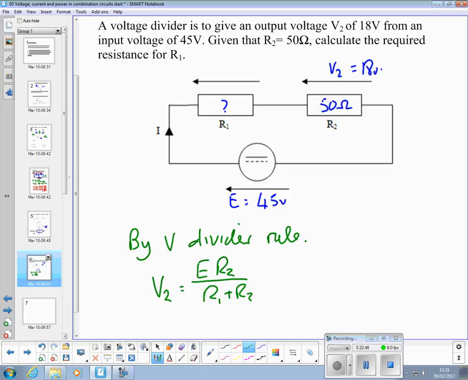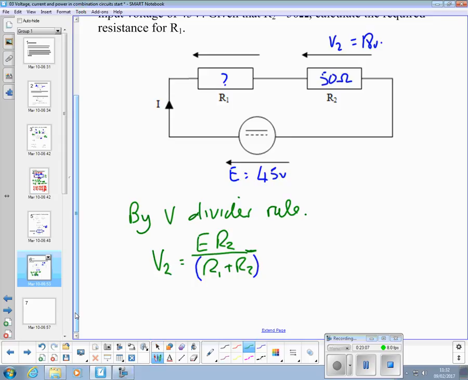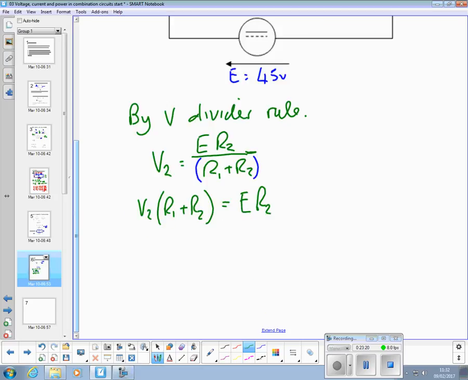Remember, that fraction implies that those two are together in brackets. Now what can you do?